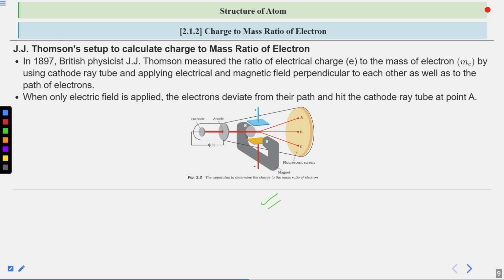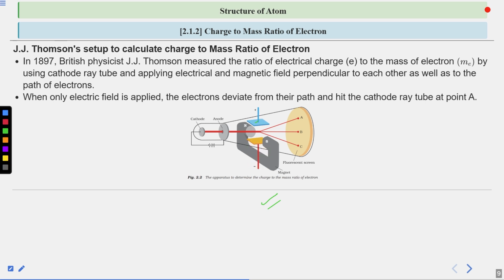Inside this flask, there are two types of fields that are applied. First is this electric field. So again, we have a negatively charged electrode here and a positively charged electrode here. Okay. So you know that your electron is negatively charged.